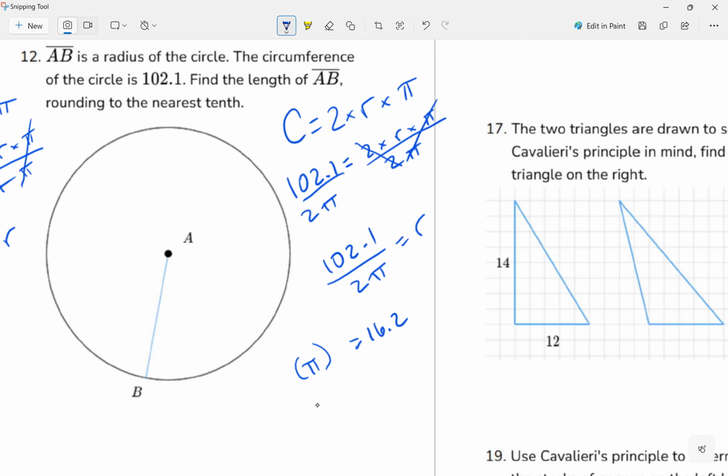If you use 3.14 on your calculator, your answer will be 16.3. And I'm going to say using the pi symbol is a little more accurate, but I'm not going to say 3.14 is wrong. Either one is correct.